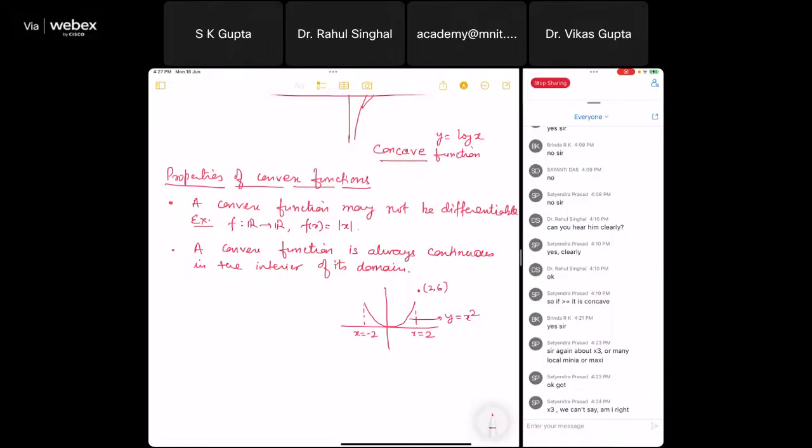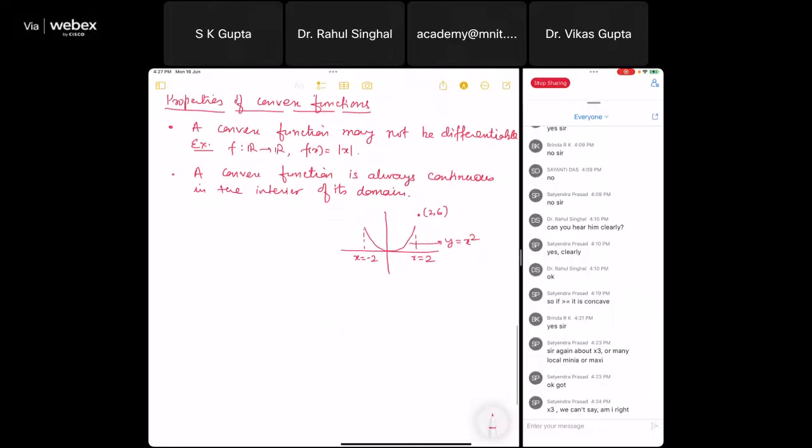Okay. So in general, if we are not talking about the interior, the function may not be convex, and it may not be continuous also. Now the sum of convex functions is also convex, right? The sum of two convex functions is also convex.